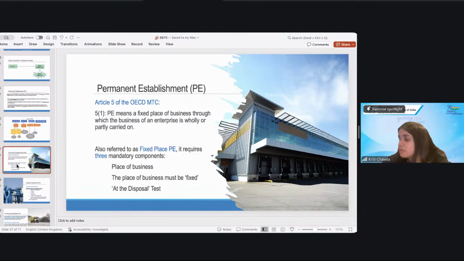They should have effective power to use that particular area in the source state whenever they want. So if these three requirements are satisfied, then this is going to be referred to as a permanent establishment in the source state, and the source state will get taxing rights on the profits from that permanent establishment. So this is called a fixed place permanent establishment.